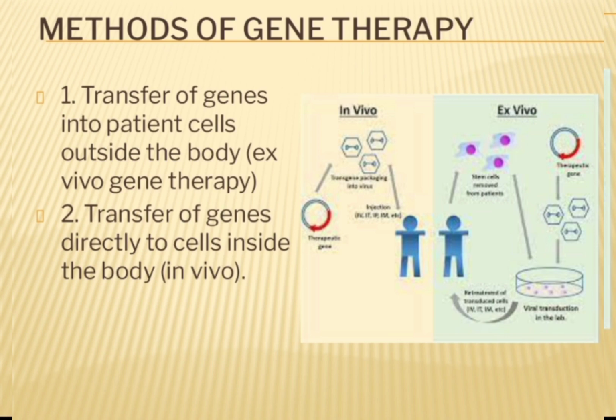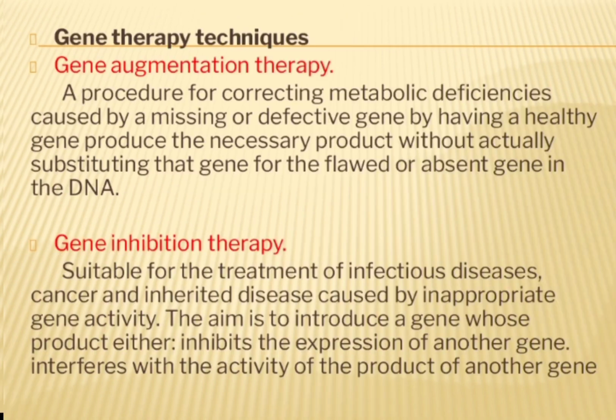There are different techniques. Gene augmentation therapy is a procedure for correcting a metabolic deficiency caused by a missing or defective gene by having a healthy gene produce the necessary product without actually substituting that gene for the absent gene.